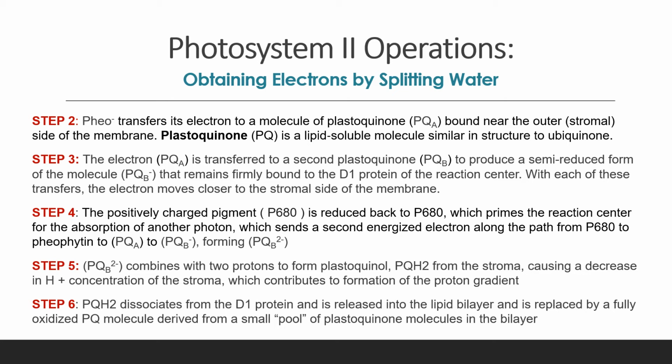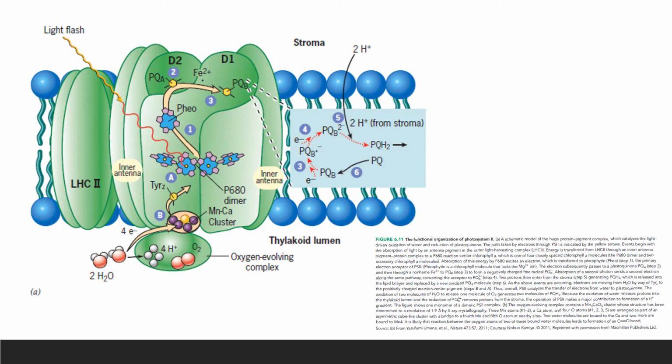You could read and follow the steps one by one. This is the organization of photosystem 2, and these are the different parts. I suggest that you read the steps and trace them with the image in your book or from this lecture for better understanding.